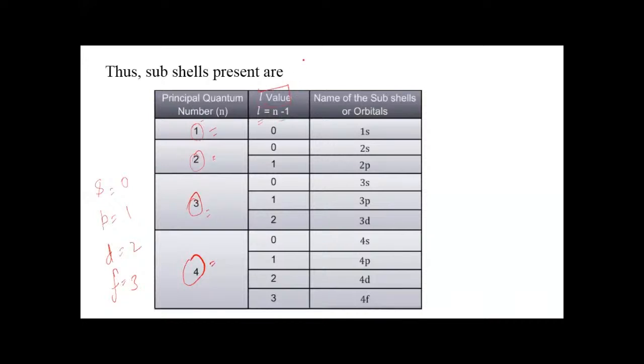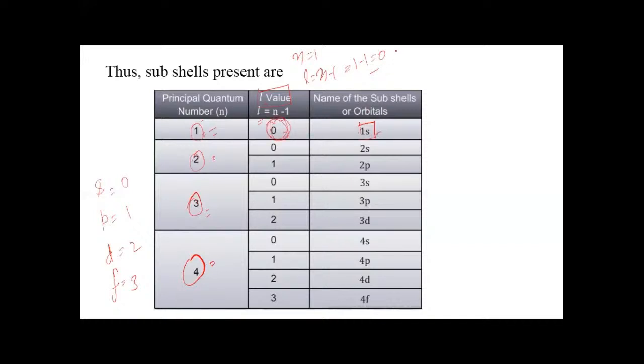Now we will calculate the l value with the formula l is equal to n minus 1. Here n value is equal to 1, l is equal to n minus 1, that is 1 minus 1 is equal to 0. Okay, so for first energy level or first shell, l value is 0. Here subshell is 1s, 1 for principal quantum number and s for 0 value of l. So name of subshell is 1s.